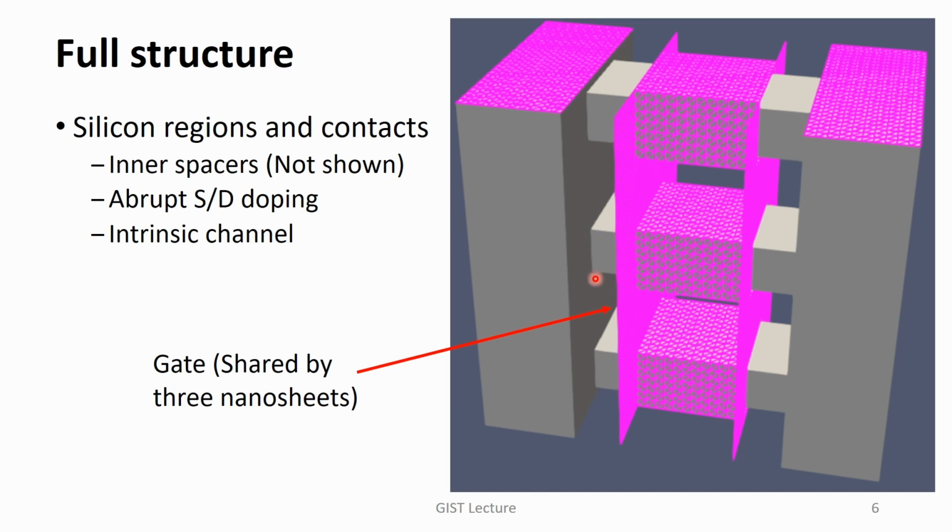The inner spacers can be found here, although we have not shown them in this figure. Again, for simplicity, abrupt source drain doping profiles are adopted, and the intrinsic channel is used.